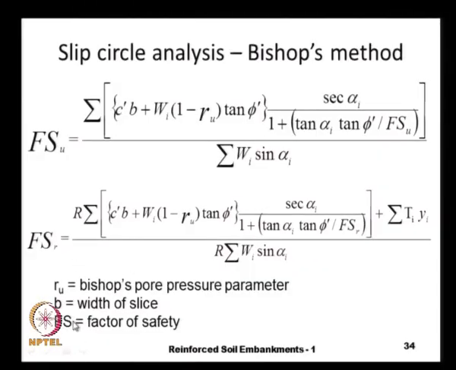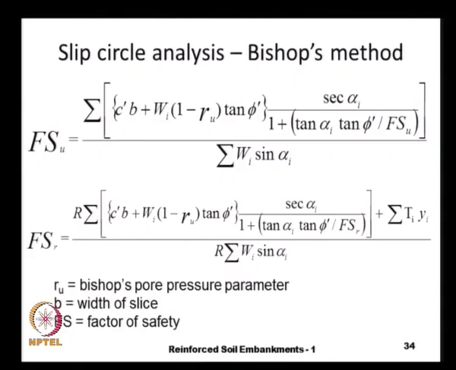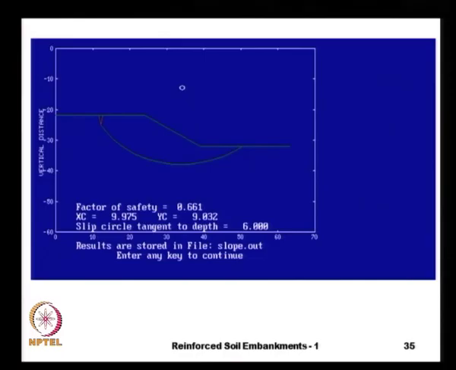Fs is the factor of safety, Fsu is the factor of safety of the unreinforced slope, and Fsr is the factor of safety of the reinforced slope. By using these equations we can come out with the quantity of reinforcement, and all these calculations are done by using some computer programs.